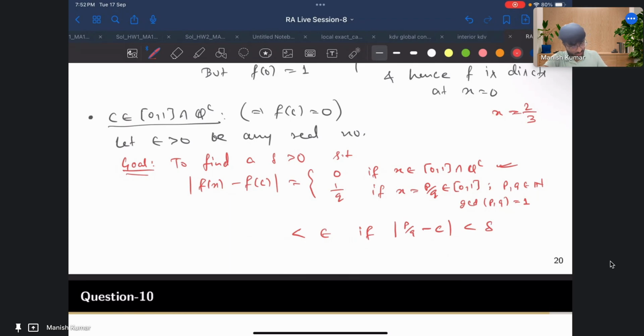If p by q is very close to c, then this difference is less than epsilon, and we can say that the function is continuous at c, right? So we have to find this delta such that this 1 by q is very small.